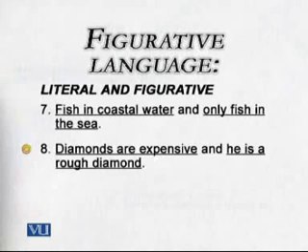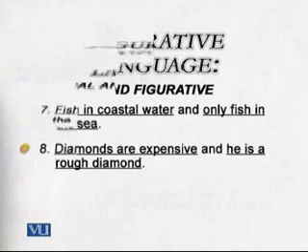Some more examples: diamonds are expensive, and he is a rough diamond. Now, diamond, fine, we understand the literal meaning, but can someone be a diamond also? When we say someone is a diamond, it means someone is rare in his attributes, rare in his qualities and capacities and skills, his qualifications, for example.